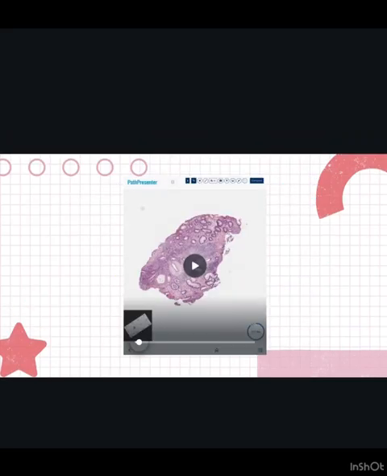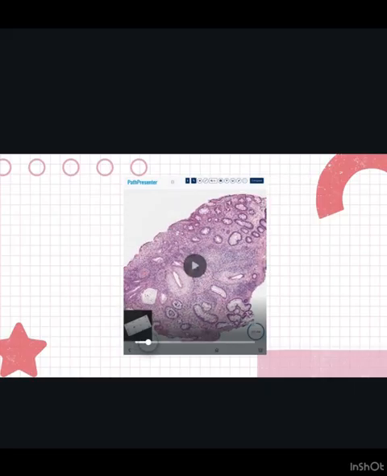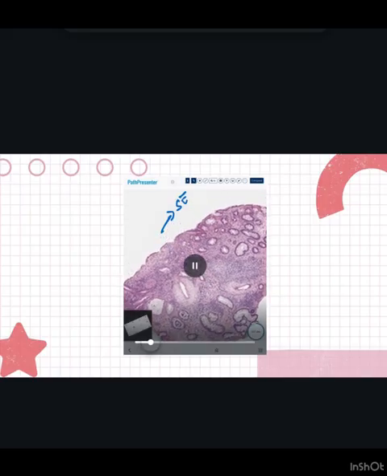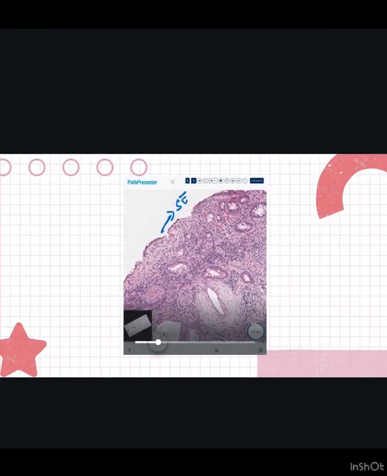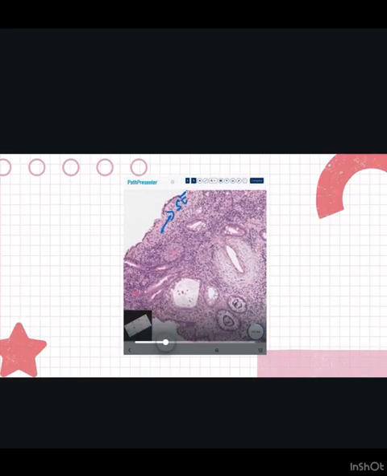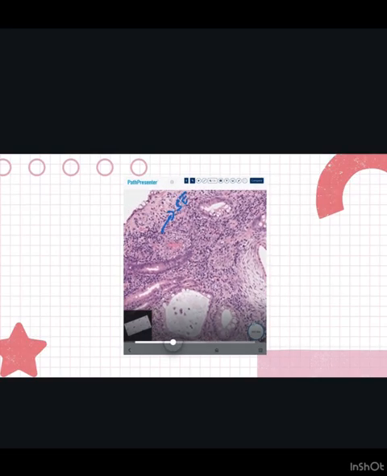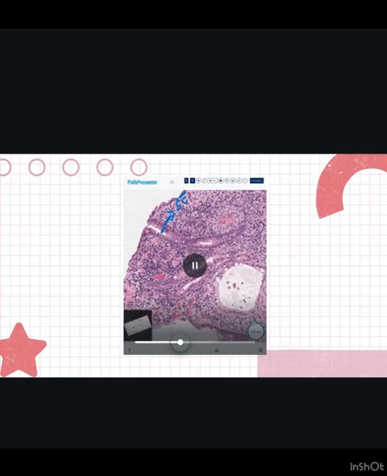Let us now understand this video. Now in this video we can see that the normal colonic mucosa is in a sort of a polypoid configuration. Under low power we can see a lot of surface erosion which is usually present. As you go into the higher power, you can see that the lamina propria has a lot of inflammatory infiltrate, mostly composed of lymphocytes and plasma cells, along with granulation tissue.